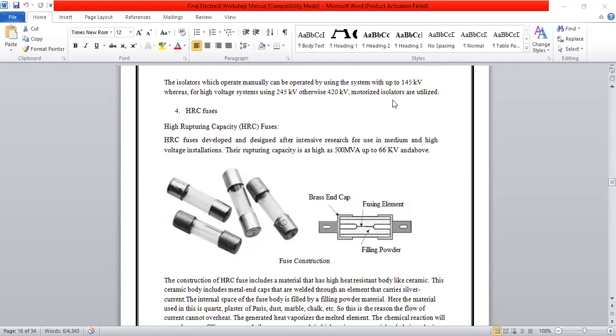That means the hand-operated or man-operated isolator is used up to 145 kV, and for high voltage systems like 245 and 420 kV, the motorized type of isolator, that means the automatic type, can be used.